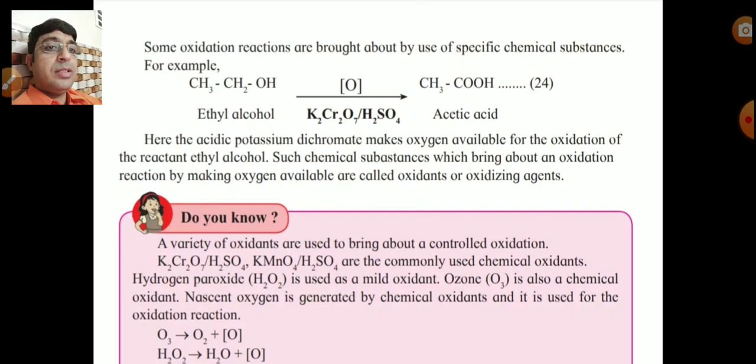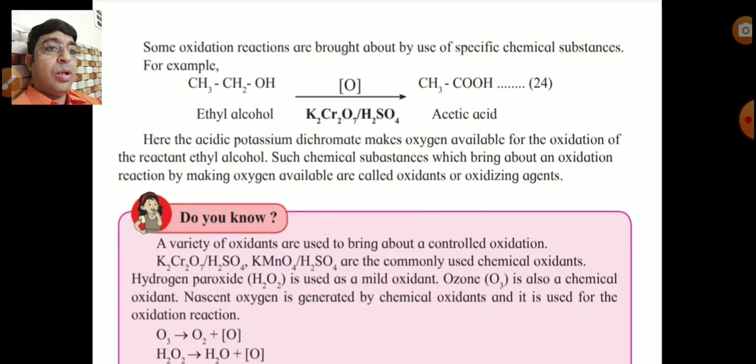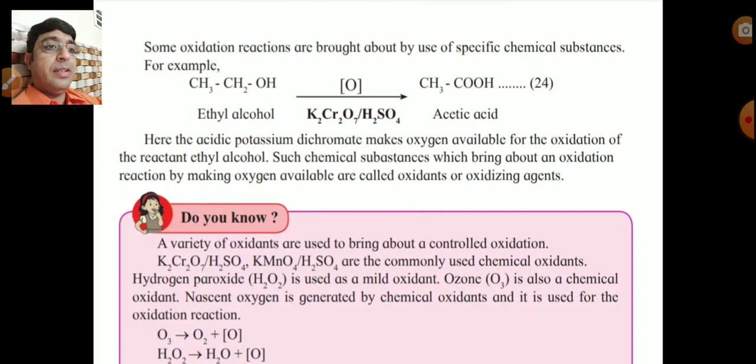Next, one more example is given on the next page. Some oxidation reactions are brought about by use of specific chemical substances. For example, ethyl alcohol. What is the formula? CH3CH2OH, in presence of oxygen indicated in a square bracket. The meaning of this oxygen is nascent oxygen, also called freshly born oxygen.